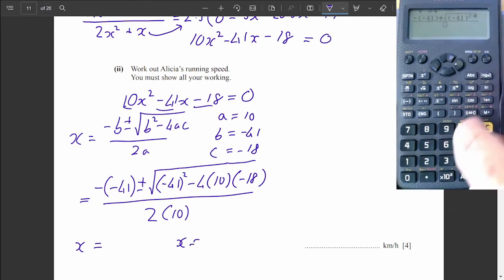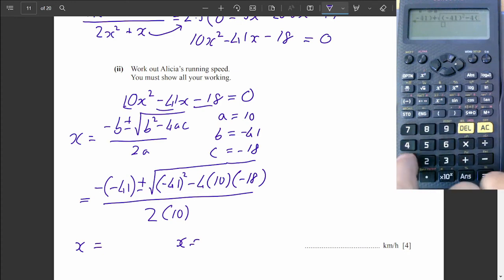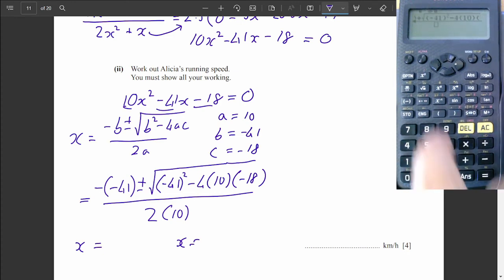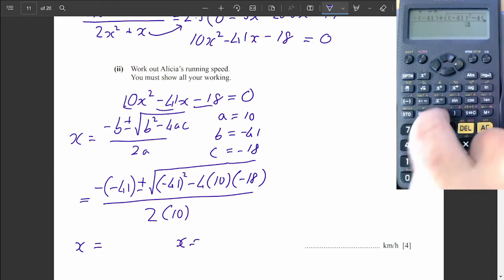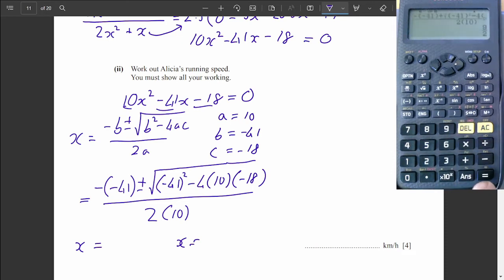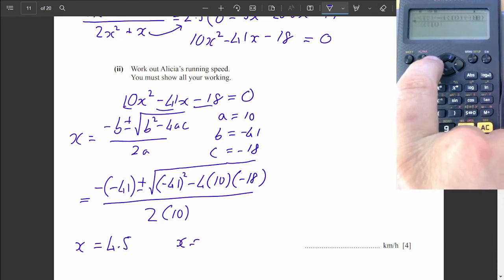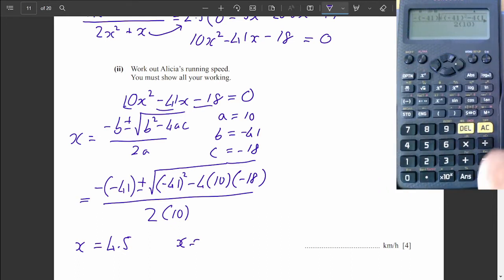Minus 4, careful there, use the arrow, minus 4, then we've got 10, negative 18, that negative is important, don't lose it, over 2 times 10, and we press equal, and we get 4.5. Now we can just go back and change that plus for a minus and get our other answer, negative 0.4.